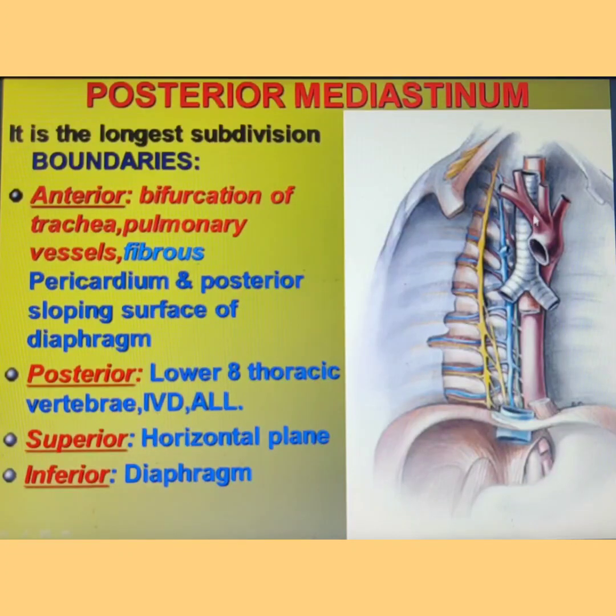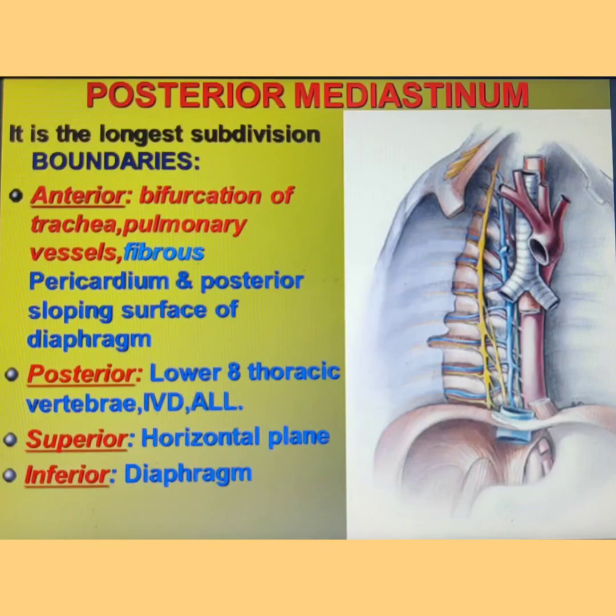These are the boundaries of the posterior mediastinum. So anteriorly it is bounded by the bifurcation of the trachea and the pulmonary veins, the posterior sloping surface of the diaphragm, and the fibrous pericardium, which is covering the heart.